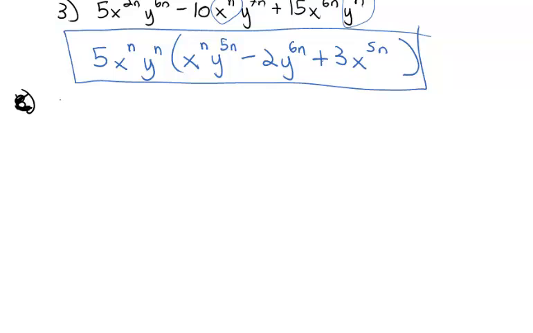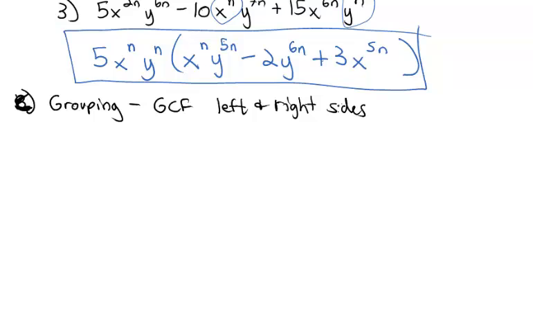If there are 4 terms, we said we would use grouping, where we take the GCF out of the left and right sides. Again, as a reminder, we do this when there are 4 terms.